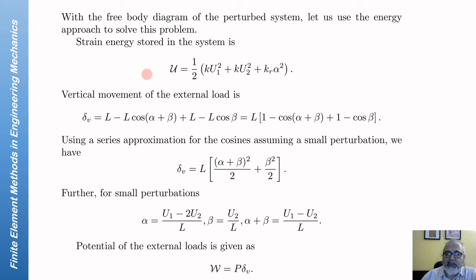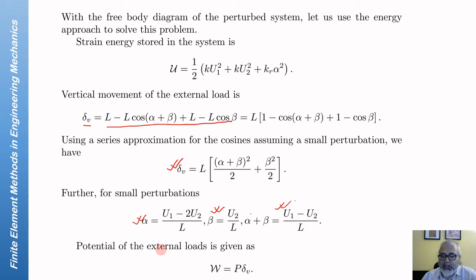So we have this delta V, which, as we just explained, is this. We make the approximation that alpha plus beta is small, then delta V comes out to be this quantity. And then alpha we have already found is this, beta is this, and alpha plus beta is the sum total of these two, given by this.